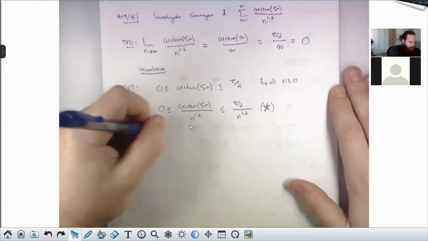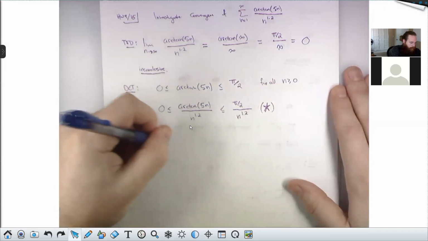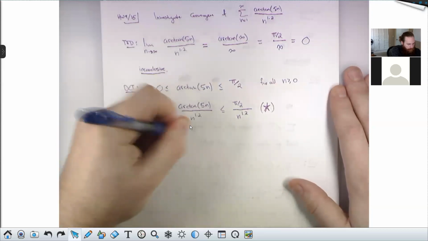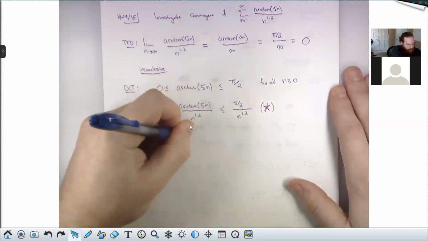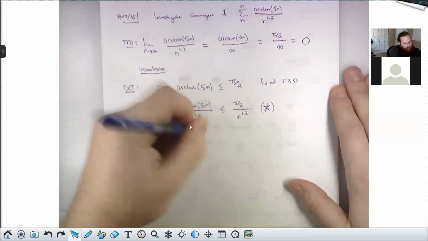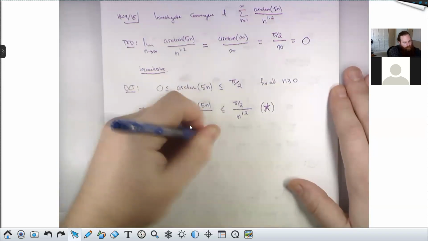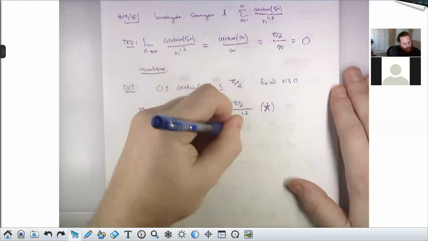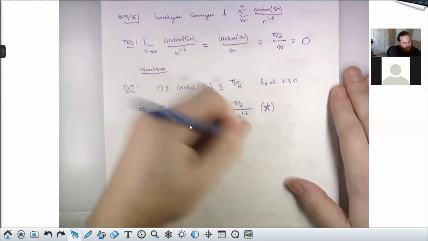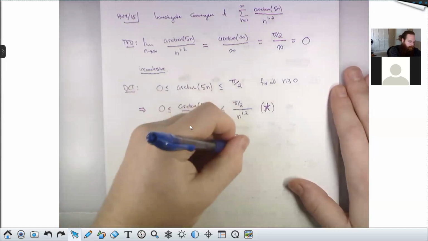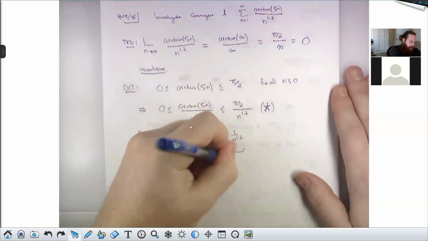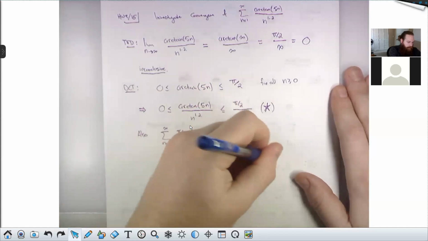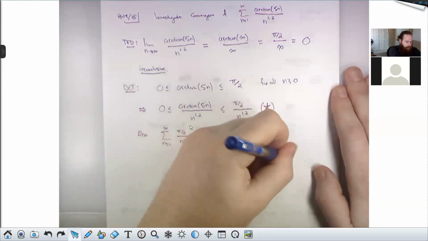Also, sigma n from 1 to infinity, pi over 2 divided by n to the 1.2 is equal to pi over 2 times sigma n from 1 to infinity, 1 over n to the 1.2. And this is a p-series with p equal to 1.2, which is bigger than 1.